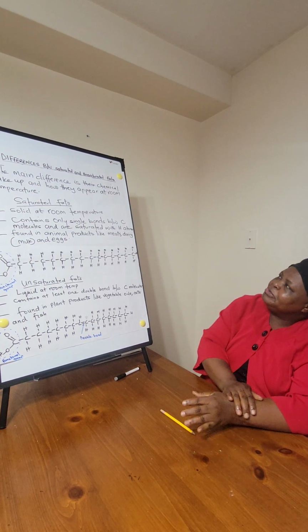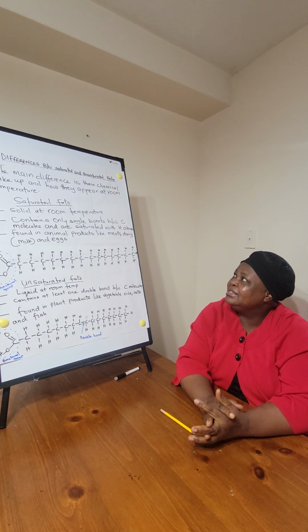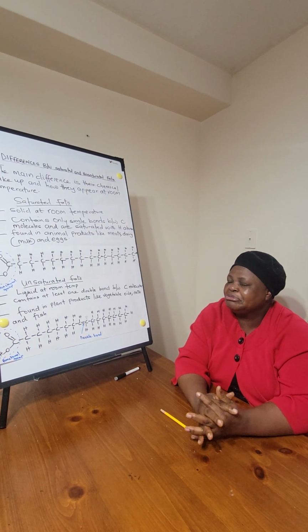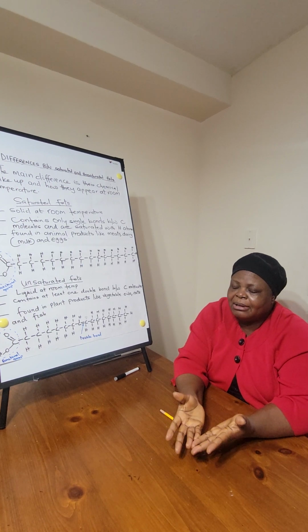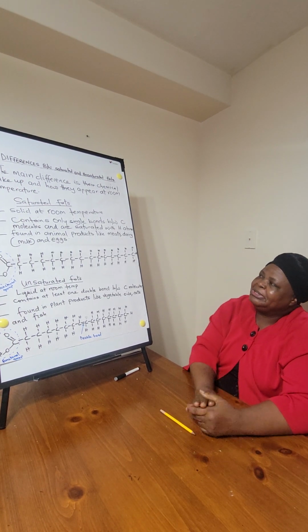So what is the difference between saturated and unsaturated fat? The main difference is in their chemical nature, that's what they're made up of, and also how they appear at room temperature.